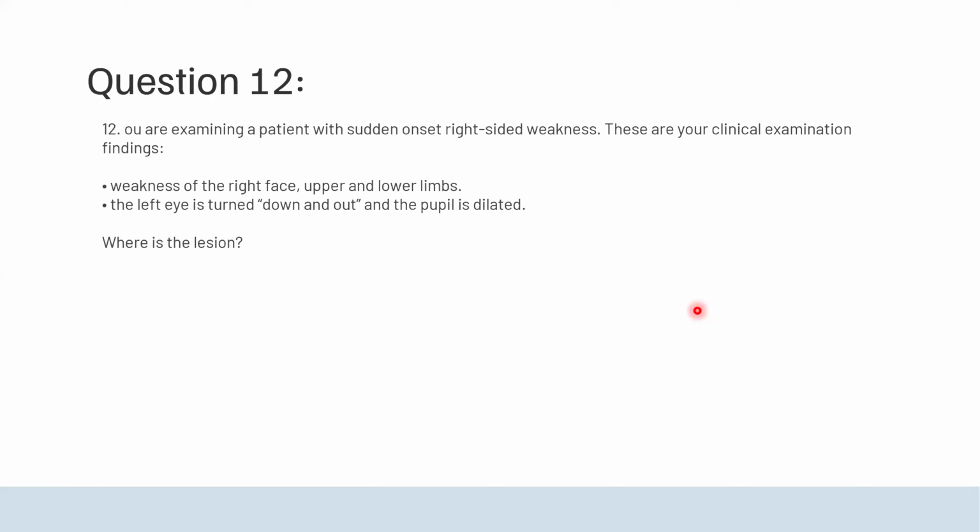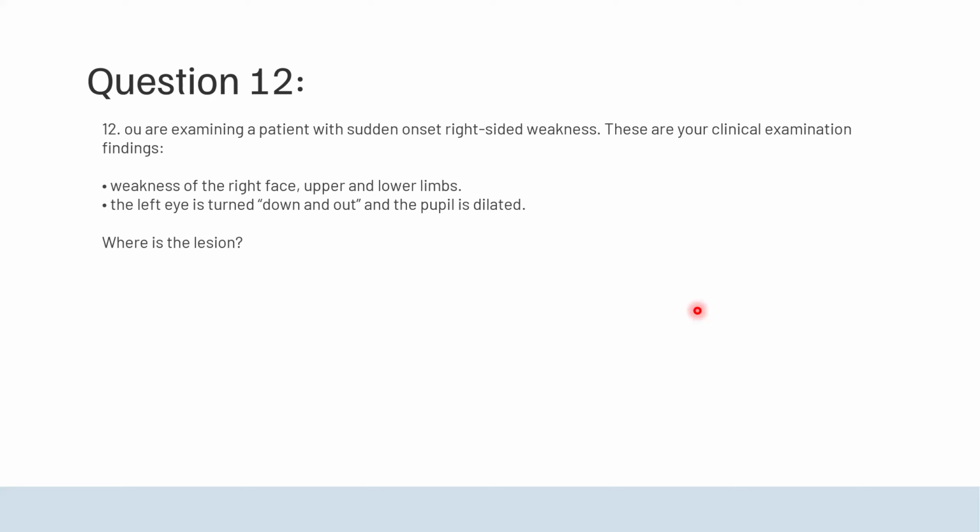Also specify if I'm talking about left or right. Left medial pons.